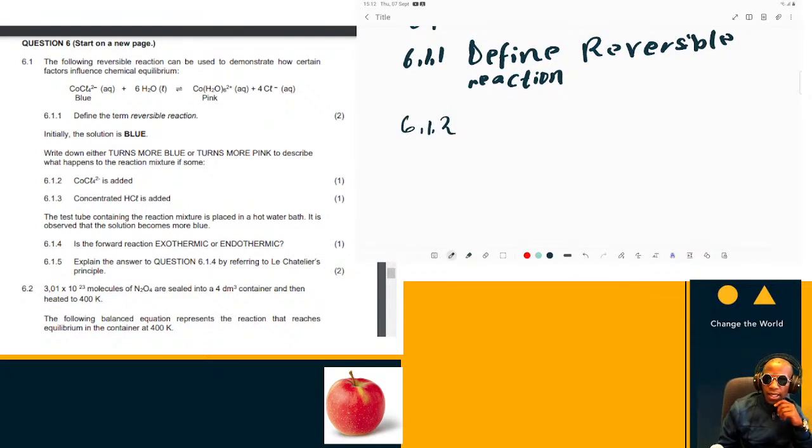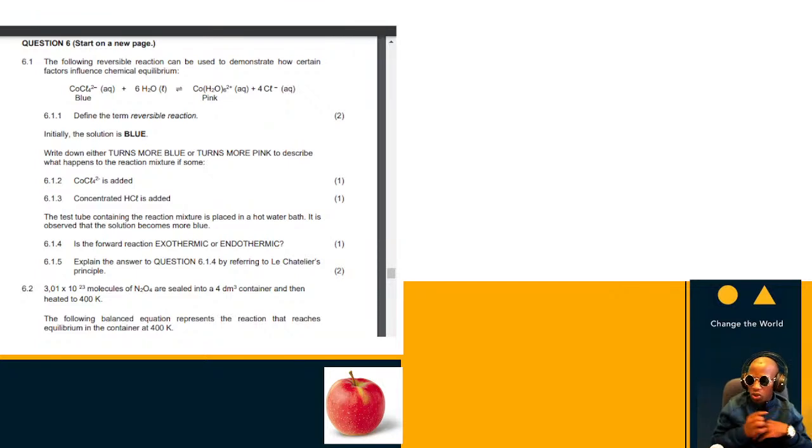I was saying that if you are increasing the concentration of the reactant, you are favoring the forward reaction in order to increase the amount of product produced. This means the reaction mixture will turn more pink, because we are adding more chlorocobaltate ions on the reactant side, favoring the forward reaction.